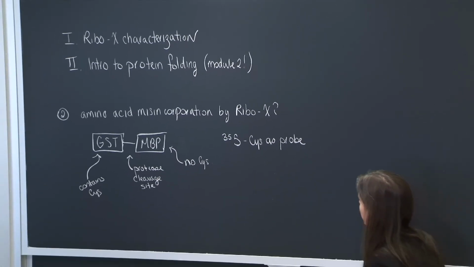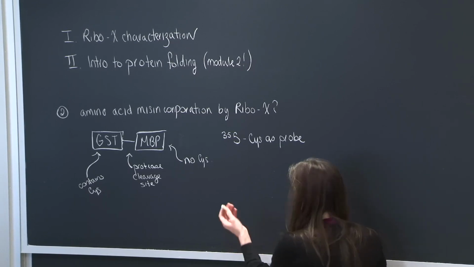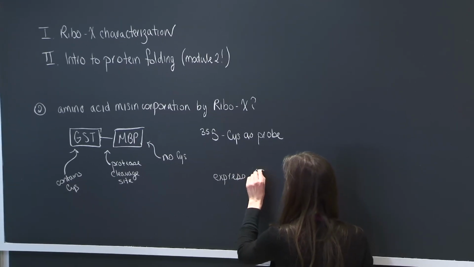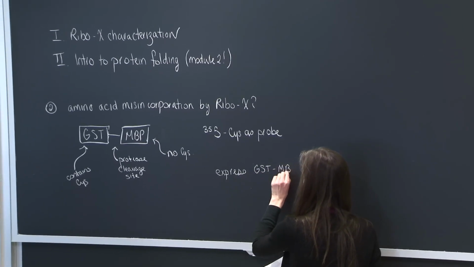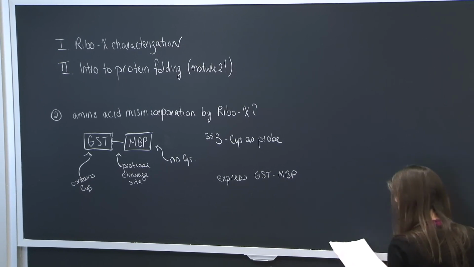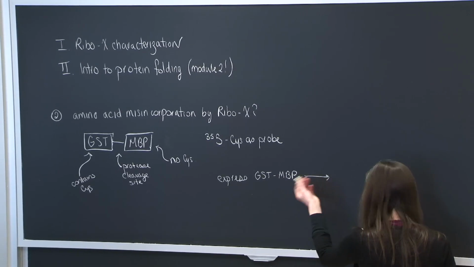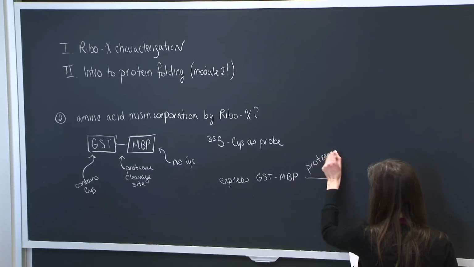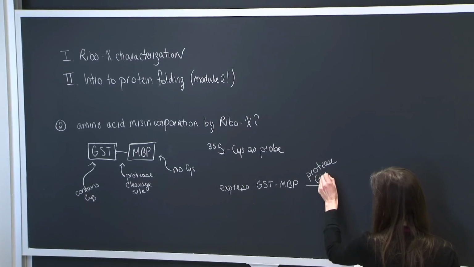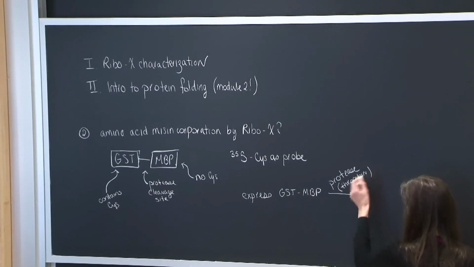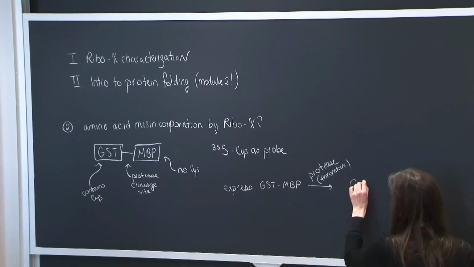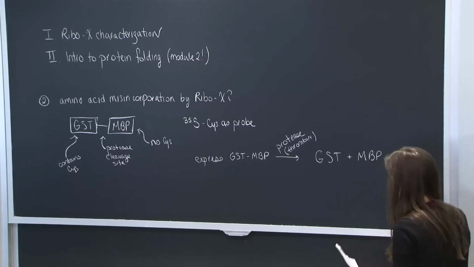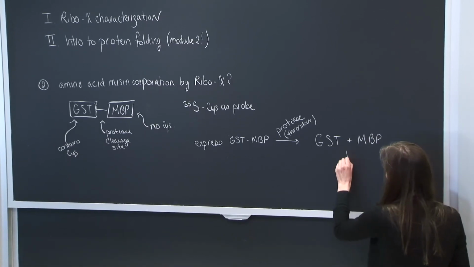So in terms of the actual experiment, what was done, right? Imagine that we express this fusion in the presence of the radio-labeled cysteine. We use a protease, and in this case it was thrombin. This protease gives us 2 fragments, GST plus MBP, and these 2 proteins have different size.